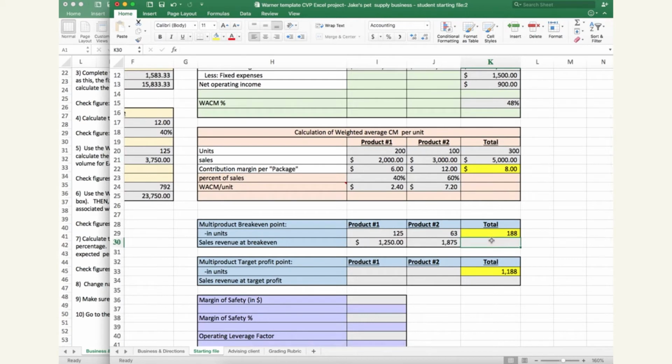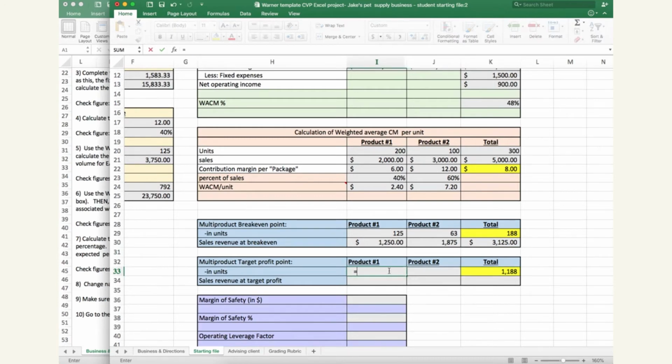There's that. So our total sales revenue at break-even here is going to be the sum of those two, thusly, $31.25.